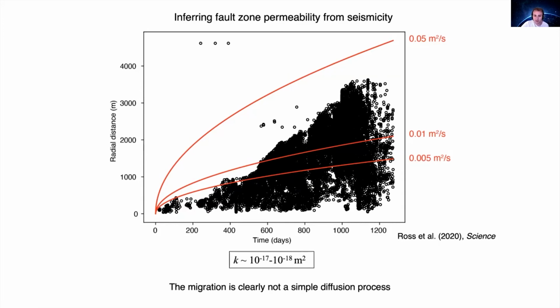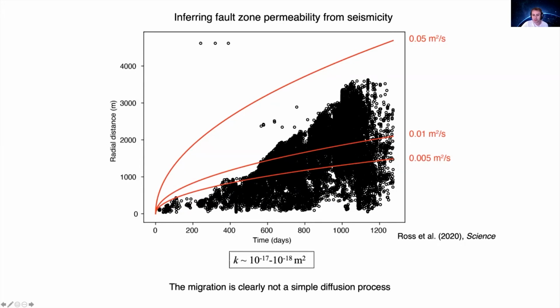In fact, it even looks like within this expansion profile that there may be multiple kind of sub processes involved or things like this. Maybe implies that there's lots of heterogeneity in the permeability structure and things like that. But what it can do is still allow us to attempt to get some kind of constraint on the permeability.